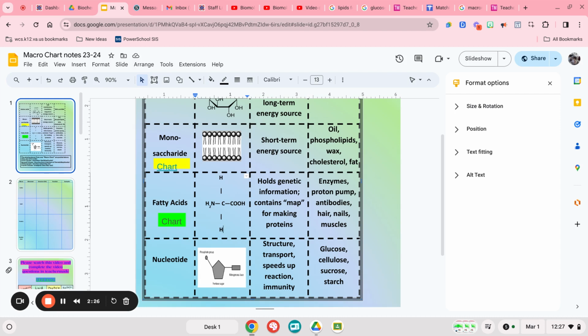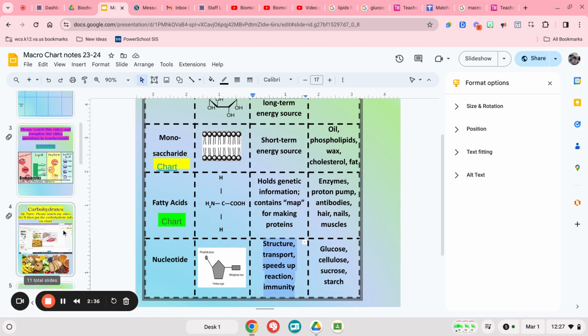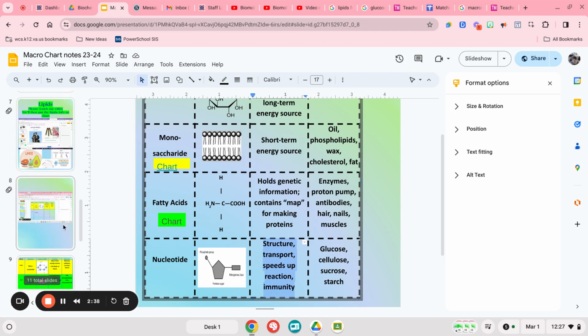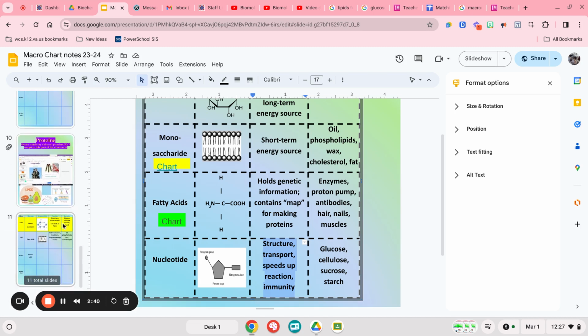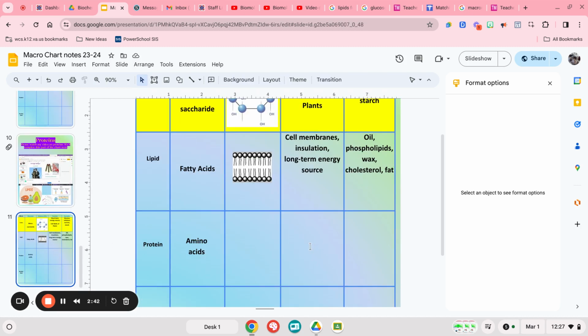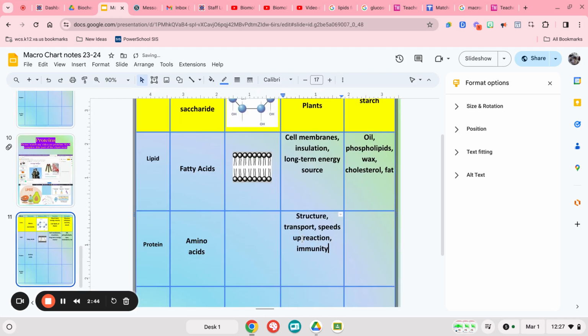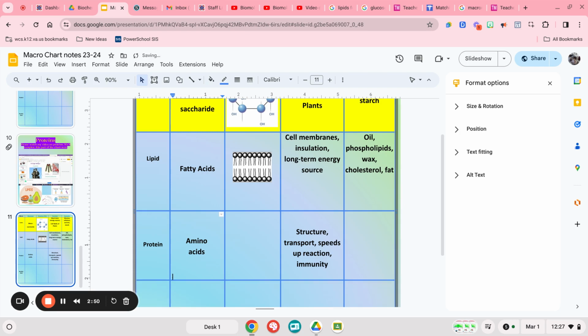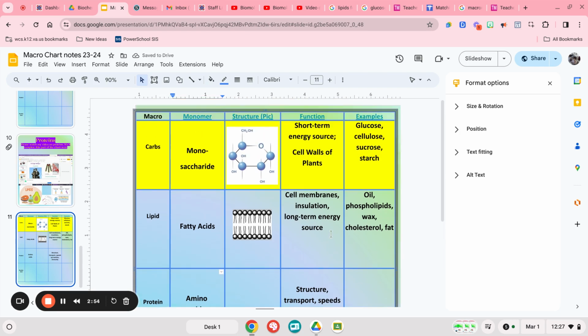They speed up chemical reactions through the action of enzymes, and then they're responsible for boosting our immune system by the activity of antibodies. Not to be confused with antibiotics. Antibodies are natural.